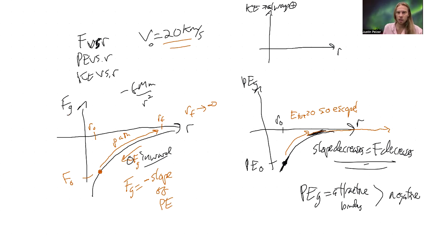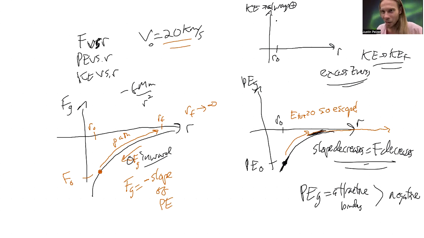Kinetic energy starts out at R initial at some V initial, and it slows down. Does it approach 0? Does it go negative? What happens? Well, if you remember, we have excess energy. So KE approaches some KE final, which we calculated yesterday, right?